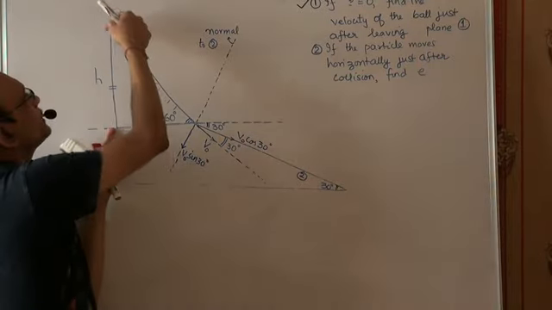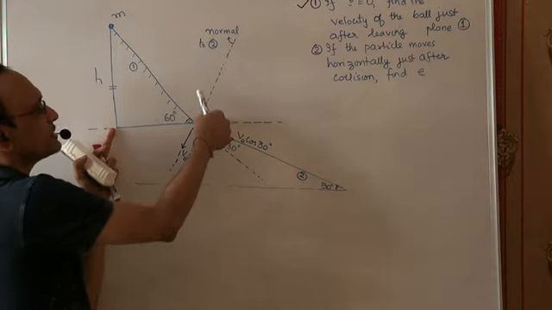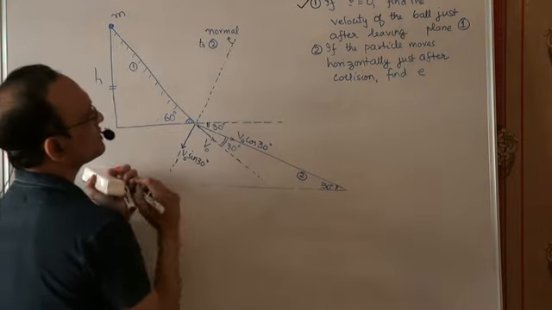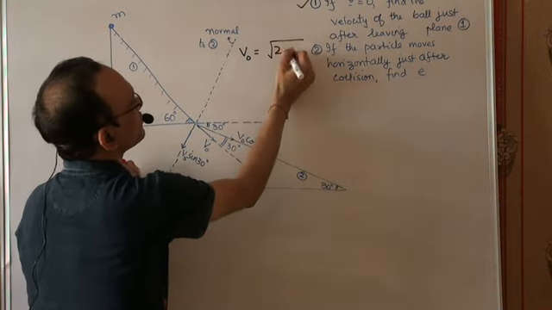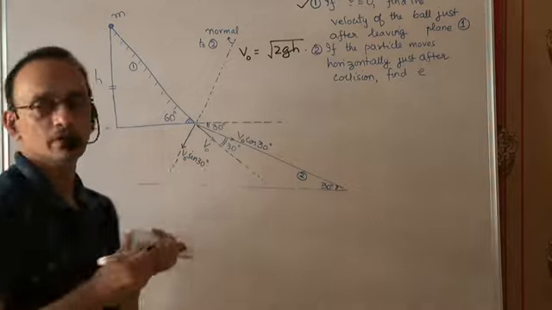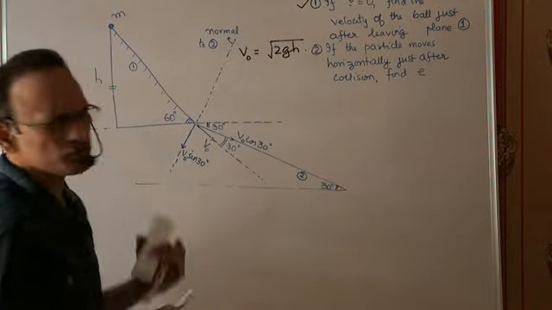So when the particle goes from this to this point at the interface, it acquires a velocity v0, and as you already know, this v0 from a height h, if there is no friction, is going to be root 2gh, right? Now, why would you think this is a collision?